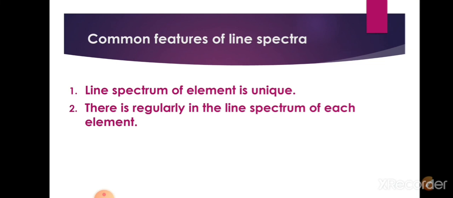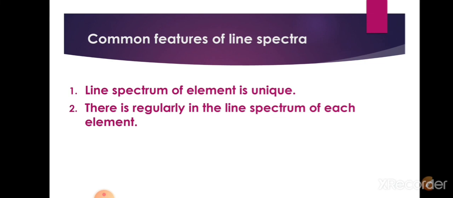Now there are some common features of line spectra. Of all elements, the line emission spectrum of hydrogen is the simplest one. As we take the line spectra of the heavier elements, it becomes complex. But there are some common features of all line spectra. The line spectrum of an element is unique.